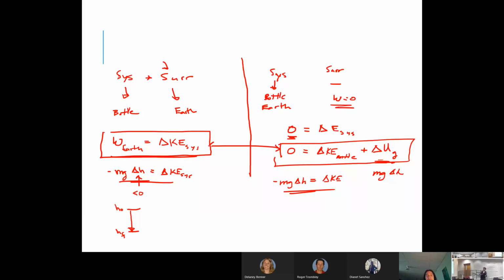You can compare these two lines and see that the work would be equal to the negative change in potential energy. So by moving the Earth from the surroundings into the system conceptually, all that happens is you replace the work that the surroundings would have done with the negative change in potential energy of the system.